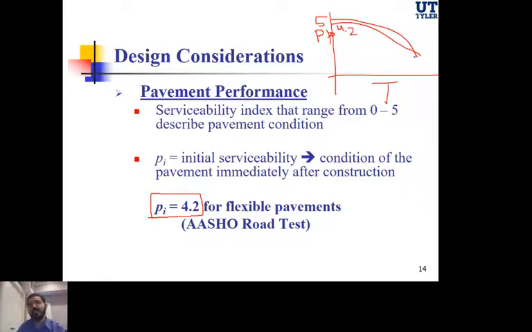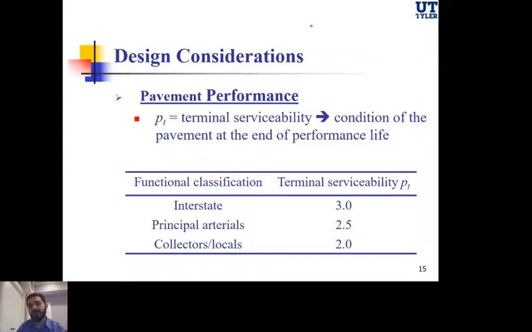So the next question is how to define failure based on this scale. This is what we have here for the next slide, failure. It actually depends on the functional classification of the roadway. If it's a very important interstate roadway, we're not gonna wait until this structure just crumbles. We're gonna call the terminal serviceability equal to 3.